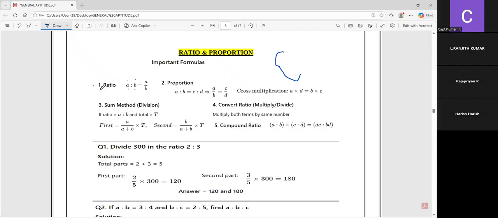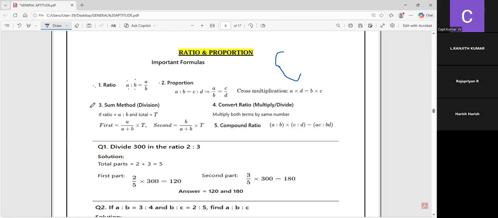This is a ratio property. Proportional: A is to B equal to C is to D. We can write this ratio like this: A divided by B is equal to C divided by D. Then in the cross multiplication, A into D is B into C. Also we can write. So first one, ratio property, proportional property.